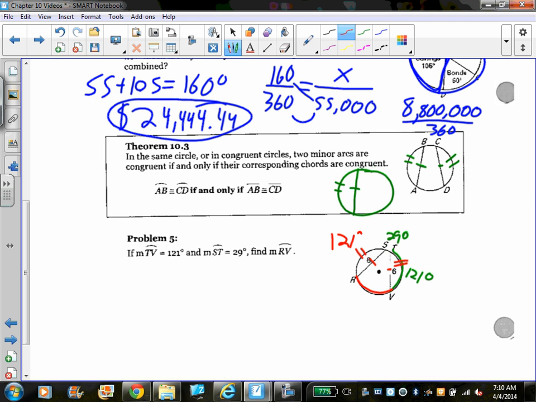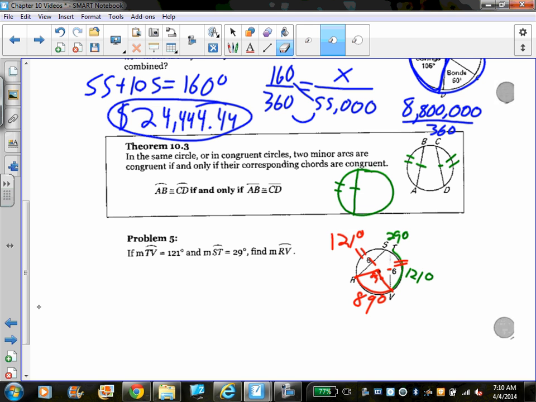So we have 121 over here, 121 on the other side, 29 in between, and we know that RV needs to complete the situation so that they all add up to 360. So we can do 360 minus 121 minus 121 minus 29. That gives us 89, and that's going to be the size of RV. Which also means that if you made an angle going from the center, to R, and to V, that angle would also be 89 degrees. That's just a side note.